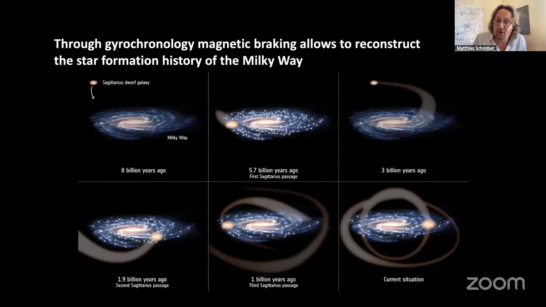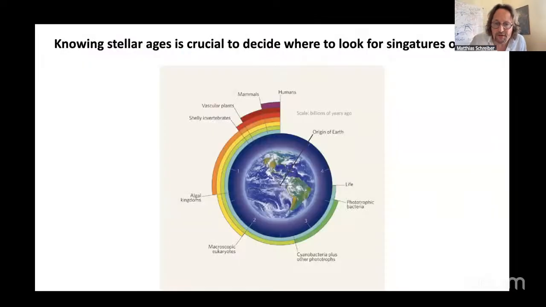It's not only important for understanding the evolution of our Milky Way, it's also important in a very different context. For example, if you search for planets that might host life. In this context, it's also important to know the age, because if we look, for example, at the Earth, biosignatures in the Earth have become visible only a few billion years ago. 2.4 billion years ago, the atmosphere became oxygen-rich.